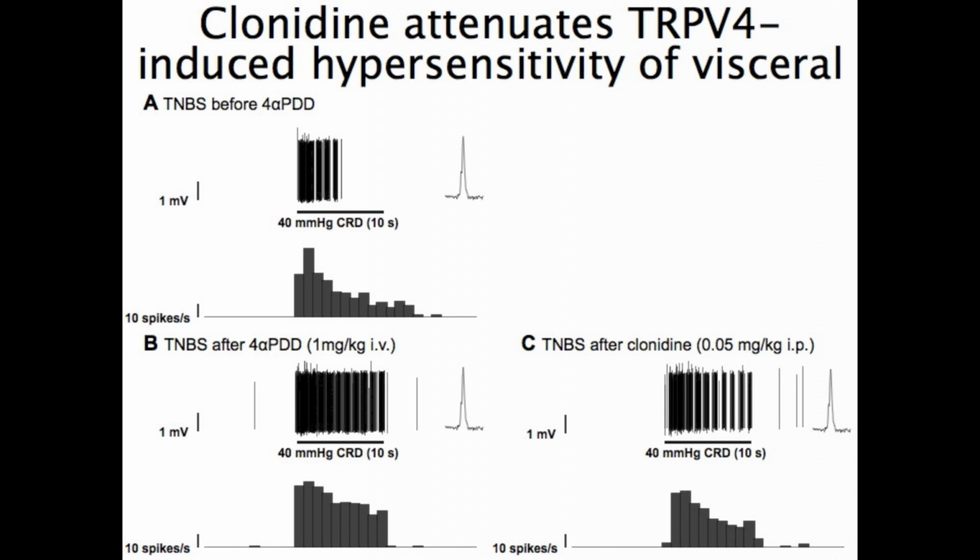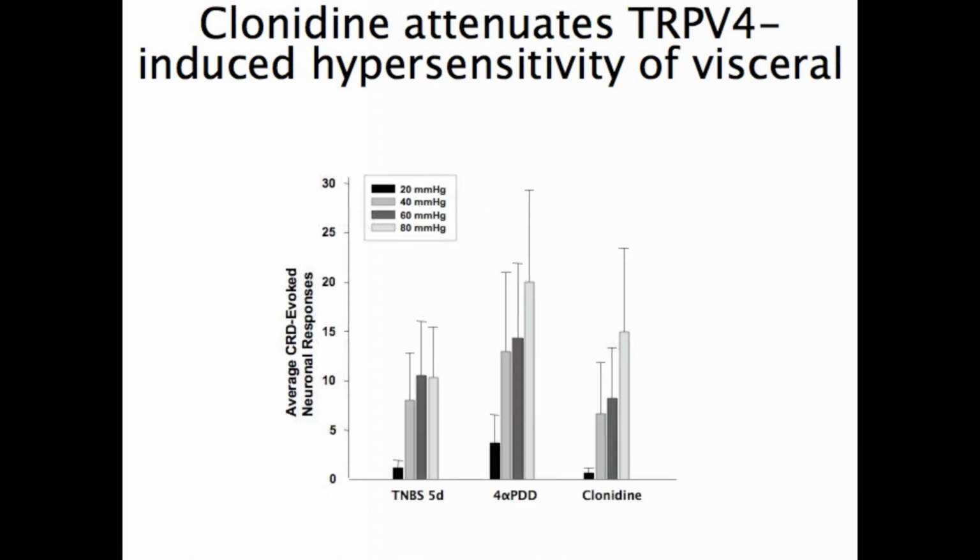And then clonidine seems to reverse that sensitivity. And this is just a few cells put together to kind of give you an idea of what's going on. Each neuron's a little bit different.